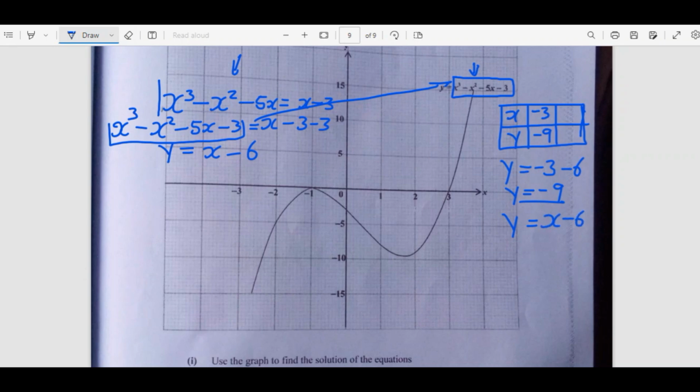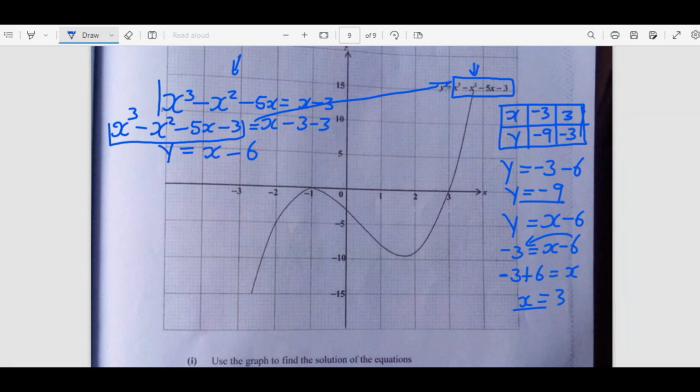Where there is y, we put -3. So this time we put -3. Then we have x minus 6. We can now collect the like terms. So -6 will shift to the left side, giving us +6. Then the value of x is +3. So we have 3 here.